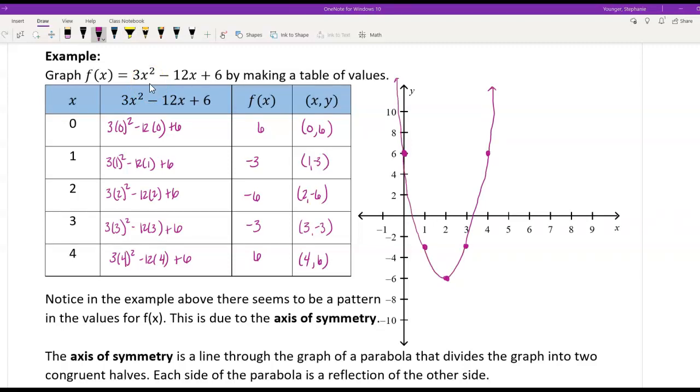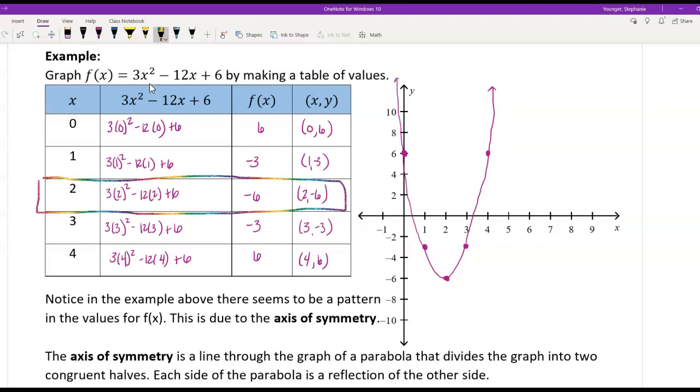Notice, in this example, there seems to be a pattern. We look at these f of x values: 6, negative 3, negative 6, negative 3, 6. So yes, it did pattern. This is due to what we call the axis of symmetry, which in this case is at 2, negative 6.